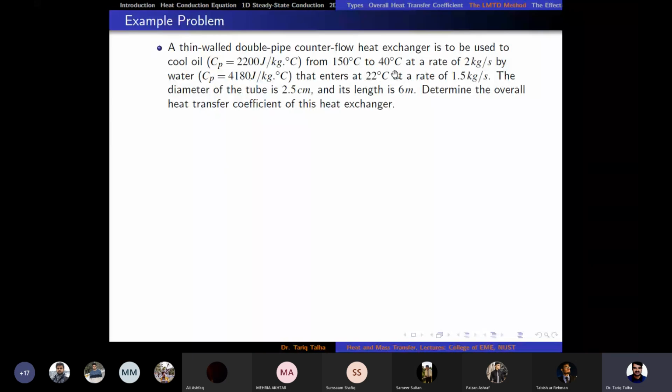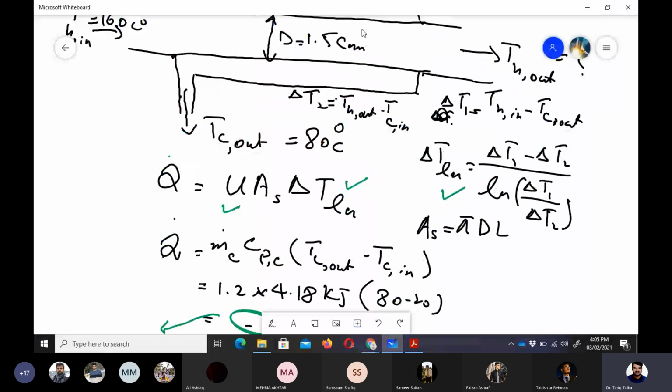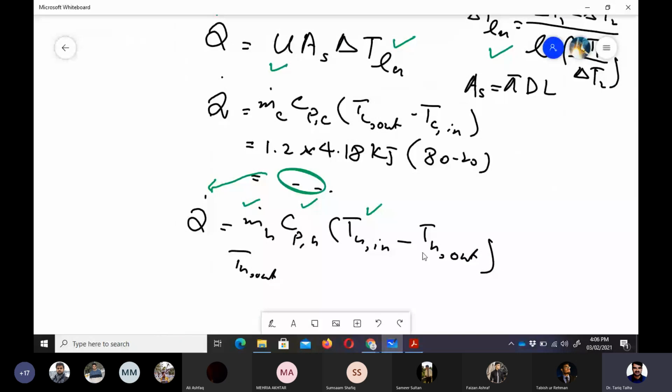By using the same methodology as we did here, first of all we are going to determine q dot equal to m dot cph times th in minus th out, because here oil is the hot fluid, and so we would get q dot. From the calculation of q dot we would be able to get the outlet temperature of the cold fluid, which would be water here.